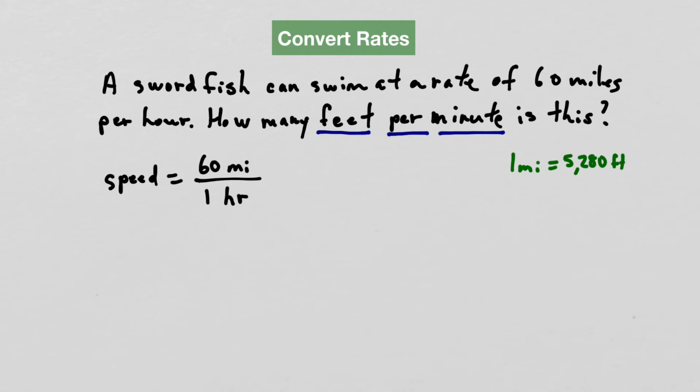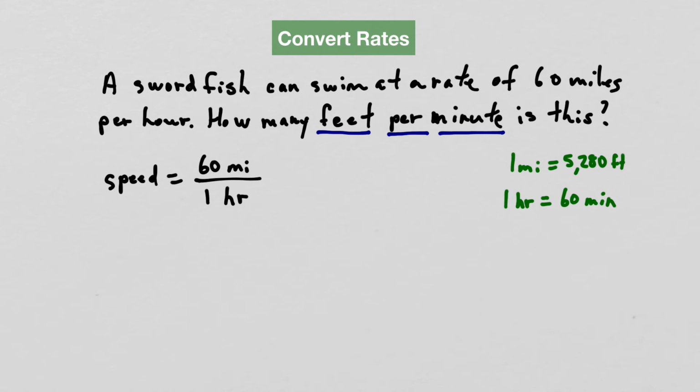And 1 hour, this is the second thing we need to find out. 1 hour is equal to 60 minutes. So these are the ratios or proportions or equivalents that we need to know to solve this problem.